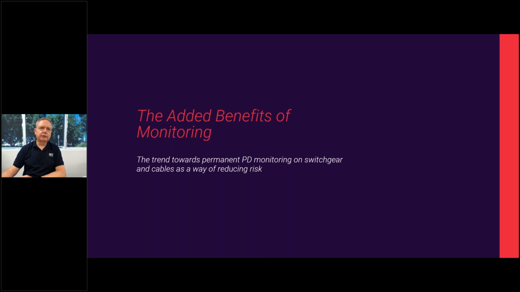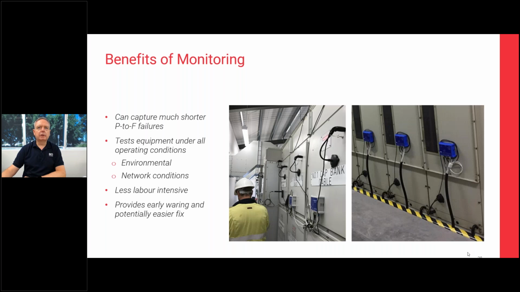There is a definite trend towards partial discharge monitoring on switchgear and cables as a method of risk reduction. So a couple of quick slides on that. The benefits of monitoring, of course, it will capture things that happen in a much shorter P2F interval. So the P2F, the point at which you can detect a fault versus when it fails.